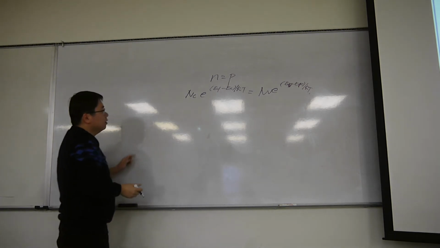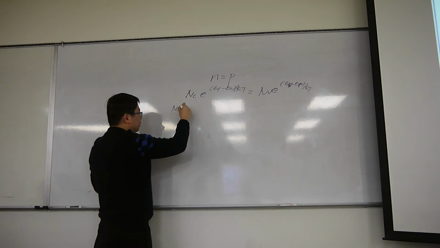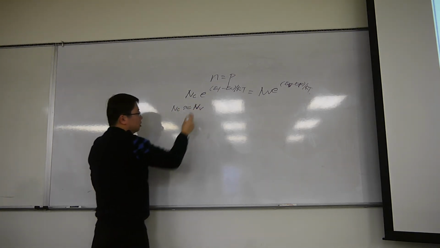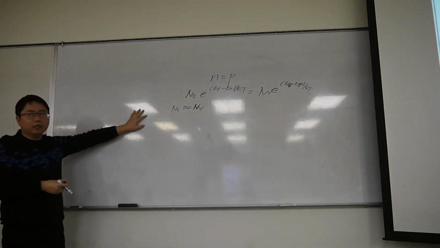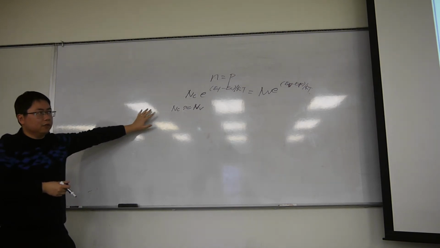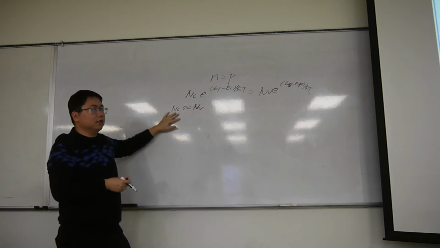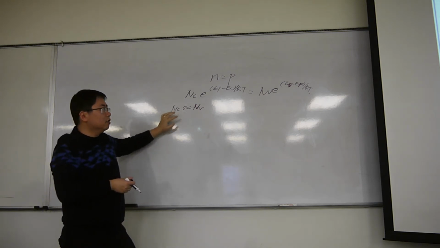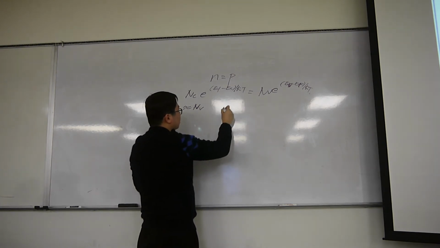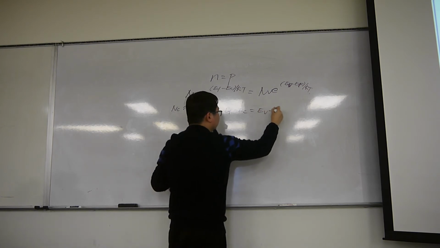If you think roughly NC equals NV, of course there are small differences. For silicon, one is like 1.08, one is 2.8. But you need to take the log scale, and after you take the log scale, they are very close to each other. So if you take the log of both sides, then EF minus EC equals EV minus EF.